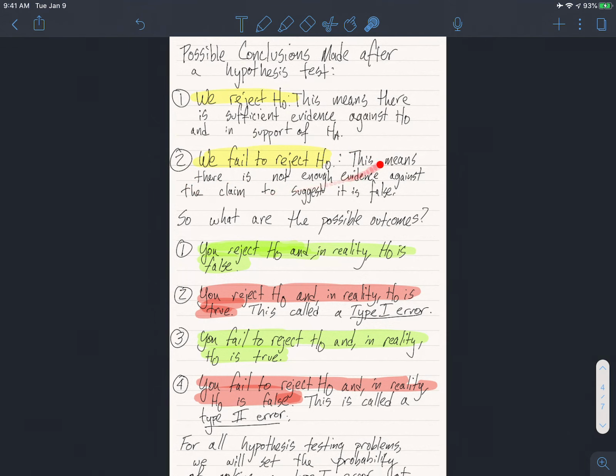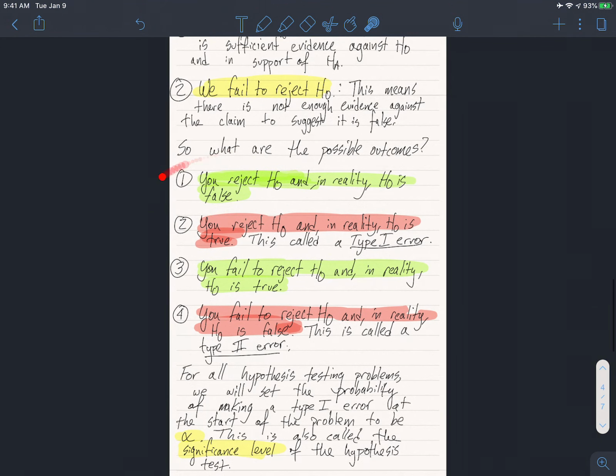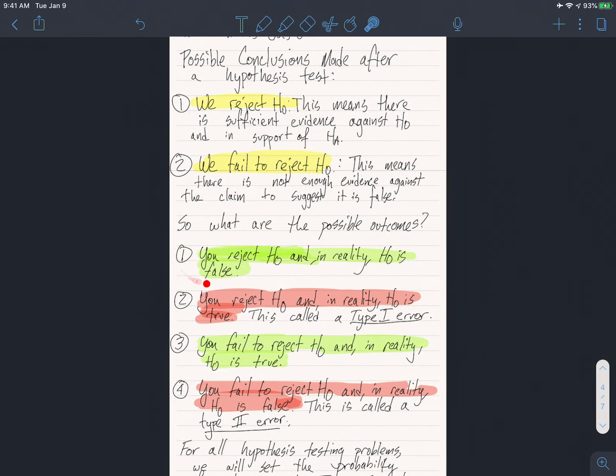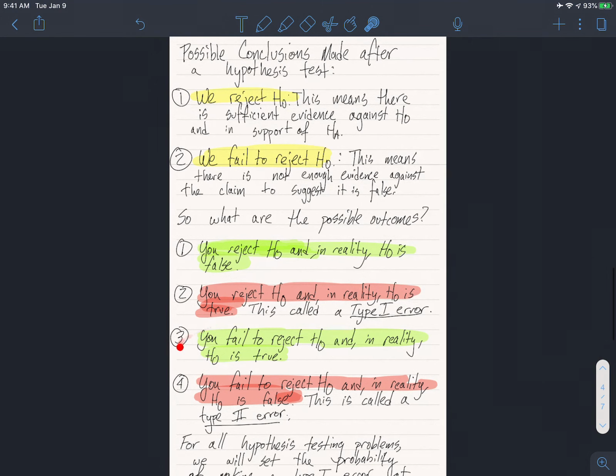Since these are the only two conclusions we can make, there are 4 total possible outcomes. Two of them are where you made the right decision. You either rejected a null hypothesis that is false. Good, I was lying, it's not 42%, and you rejected it. Good job. Or you fail to reject a null hypothesis that is true.